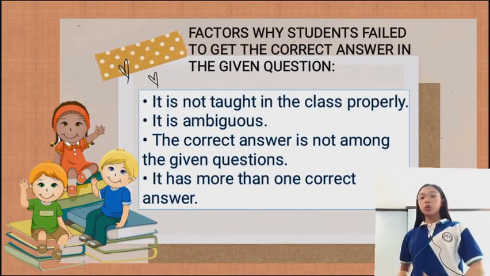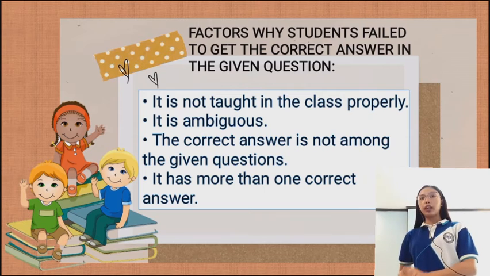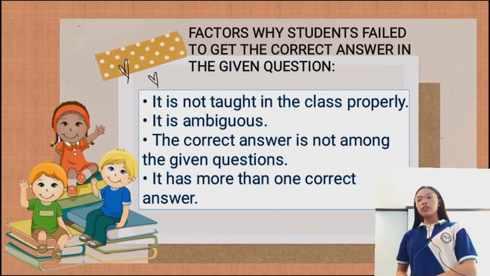Factors why students fail to get the correct answer in the given questions are the following. First, it is not taught in the class properly and it is ambiguous. So it means that the teacher is not clear on the topic or the lesson, or not clear on the message or meaning of it. Maybe the teacher is still confused about the topic or the lesson.